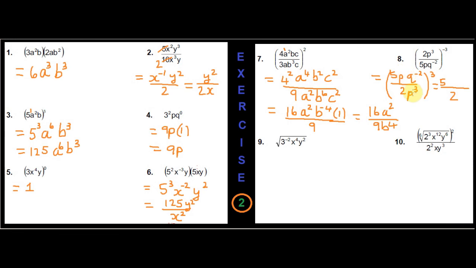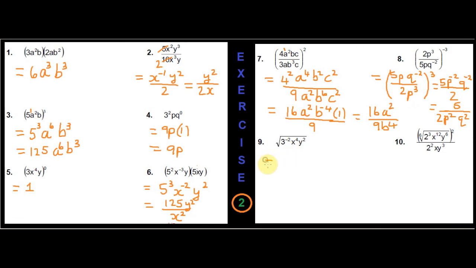So we subtract the powers. 1 minus 3 is minus 2. So it's p to the minus 2, q to the minus 2. We can bring the p down and it becomes p squared as well as the q squared in the denominator. Of course, we still have 2 and then we only have a 5 left on top.